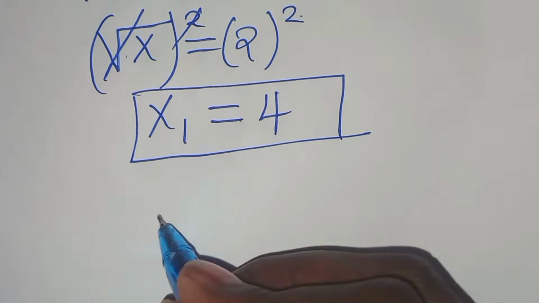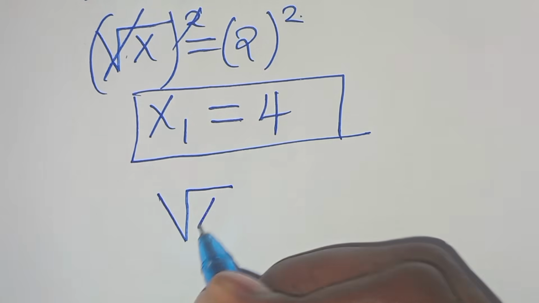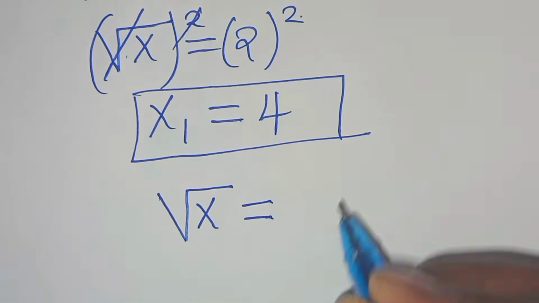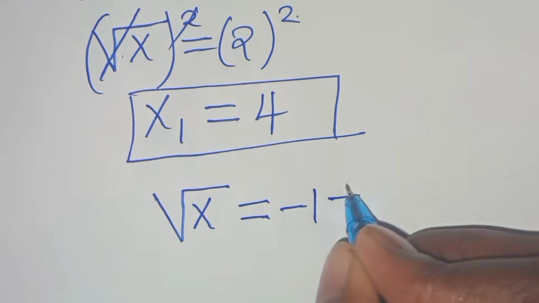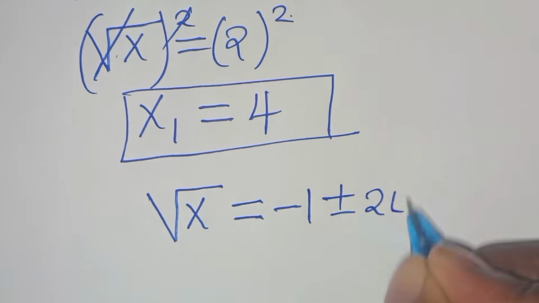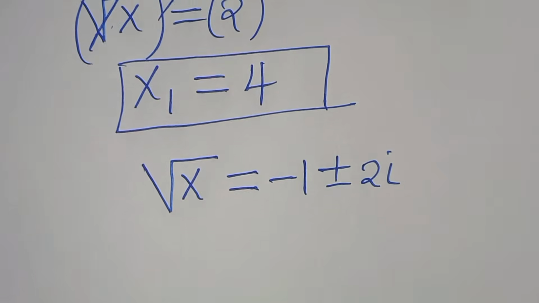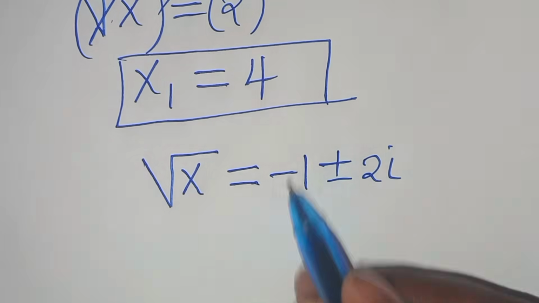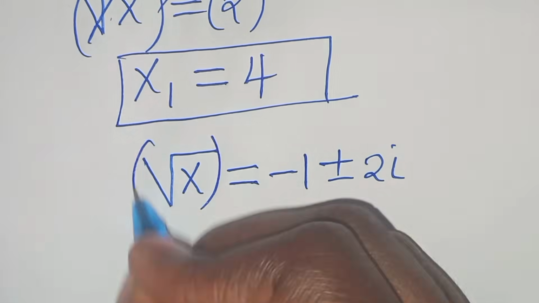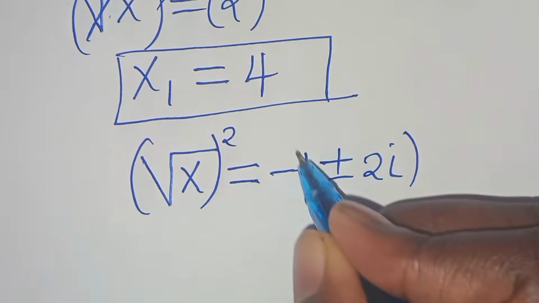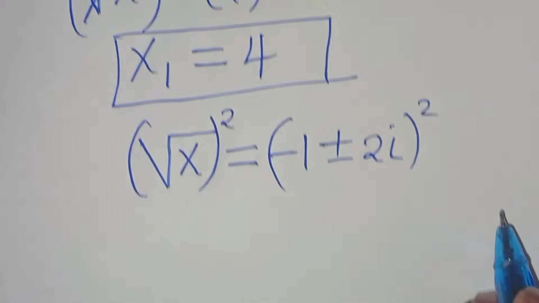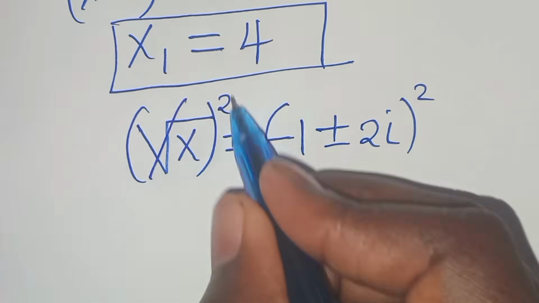Now, the next step is that we have square root of x equal to negative 1 plus or minus 2i. Now, to solve for the values of x here, we have to square on both sides. And this implies that we eliminate the square root sign.